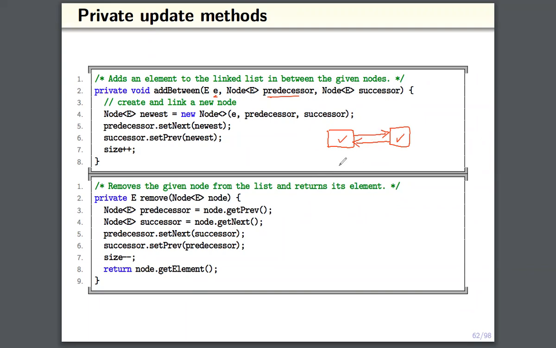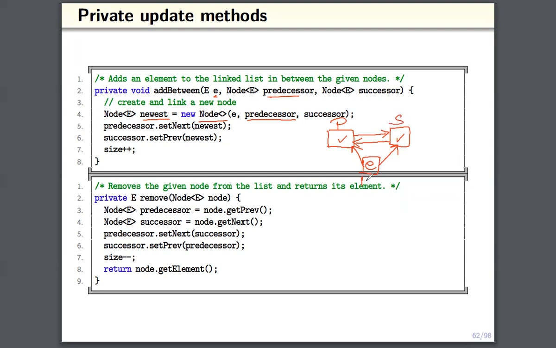So what do you do? You create a node, right? Newest is equal to node of E, with the information E, and with the previous node as the predecessor, with the next node as successor. Okay, let me call this P, let me call this S, right?